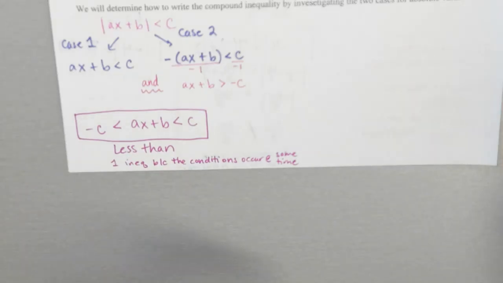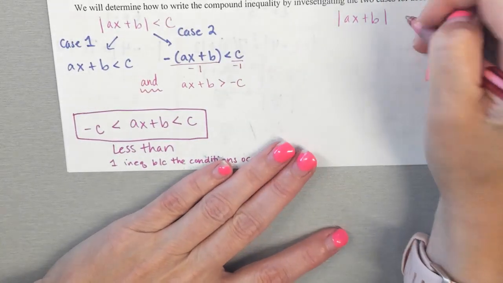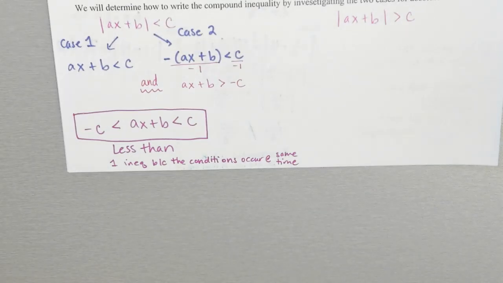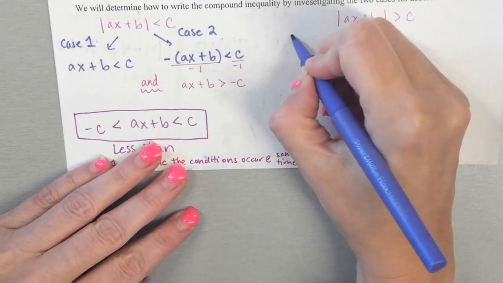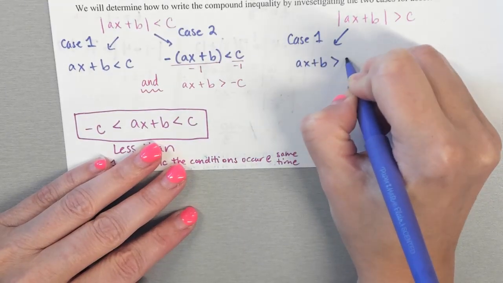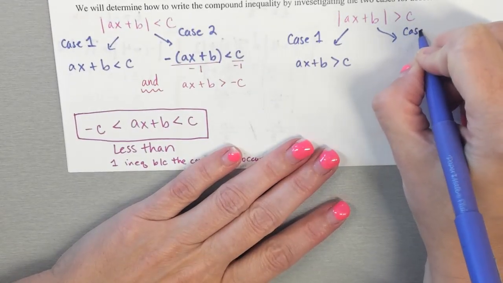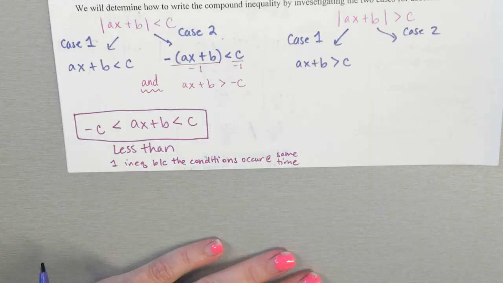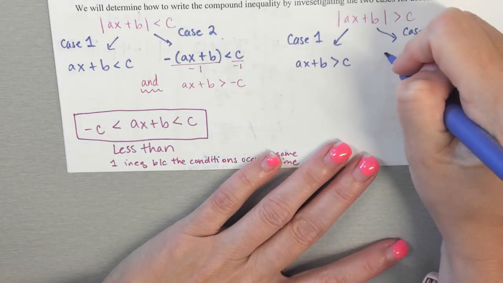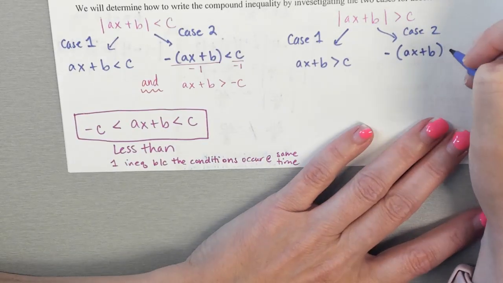Now we're going to investigate what happens with a greater than symbol. If you have the greater than symbol, when you're setting up case 1, you're going to have ax plus b is greater than c. We're going to start case 2 in a similar way, where we know whatever is inside could be a negative.